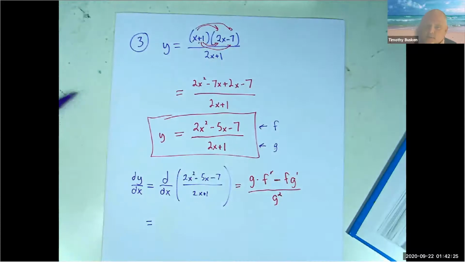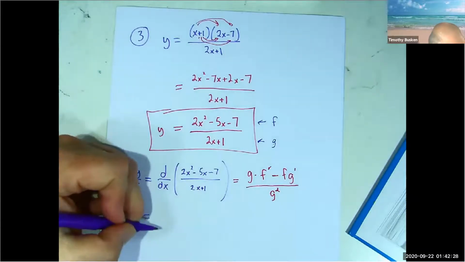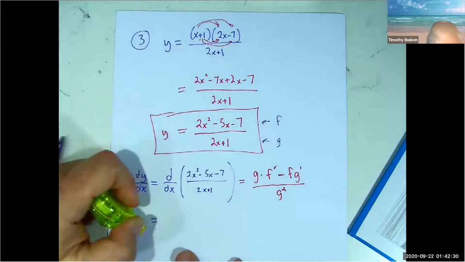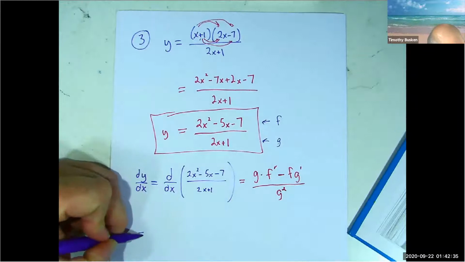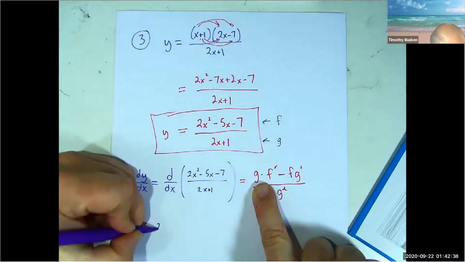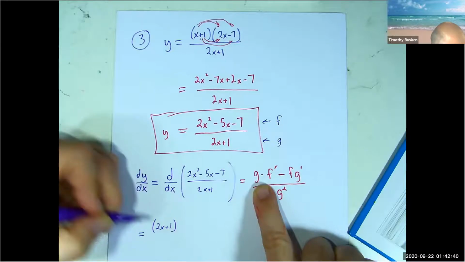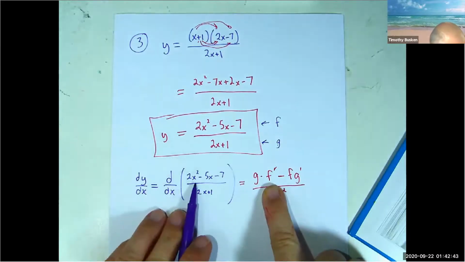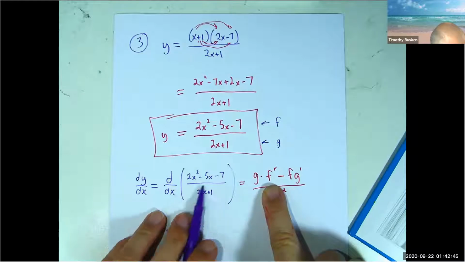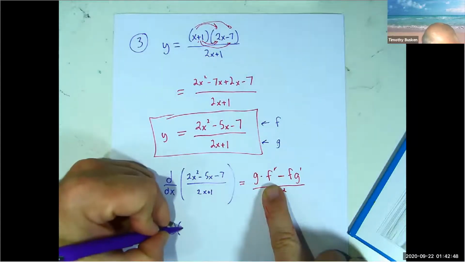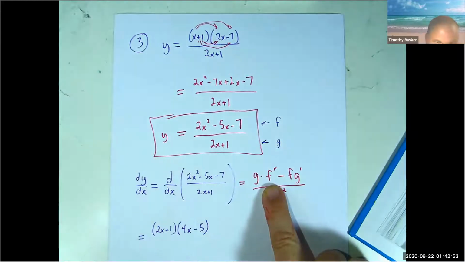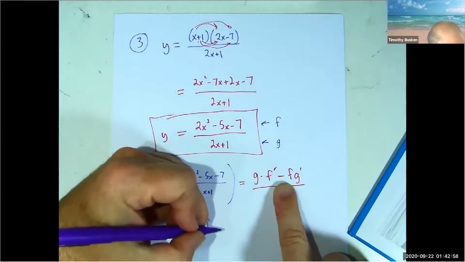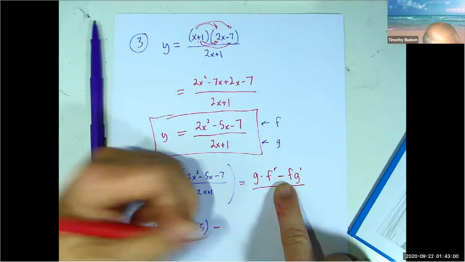Okay, so let's go ahead and set that up on this next step. Alrighty then. So g is of course just 2x plus 1, and then times the derivative of that numerator. What's the derivative of that numerator right there? So that should be 4x minus 5. F prime is 4x minus 5, right? And then we're going to subtract off f times g prime.